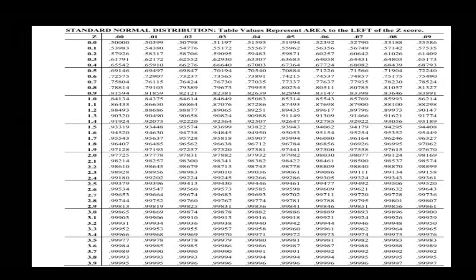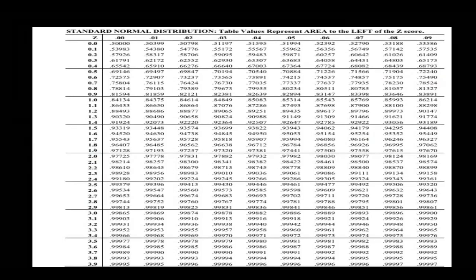So you are going to come to your column here and pick 1.8. So 1.8 is here, and then on the row part here we're just going to pick 0.00, so that when you add 1.8 plus 0.00, you still get your 1.8.